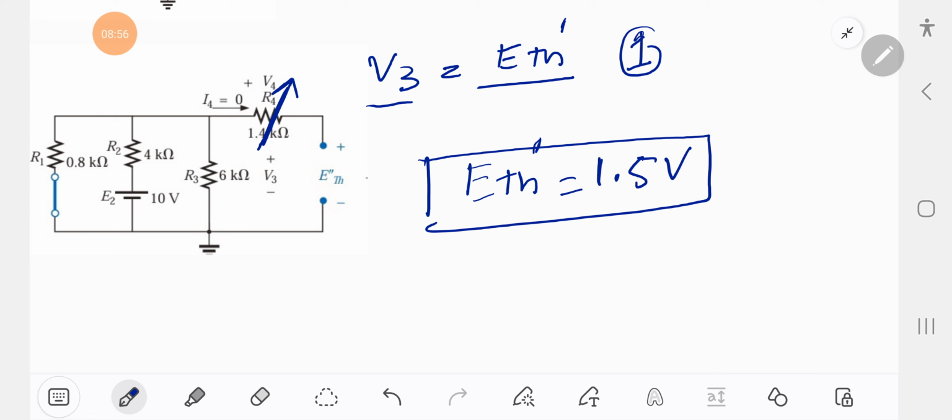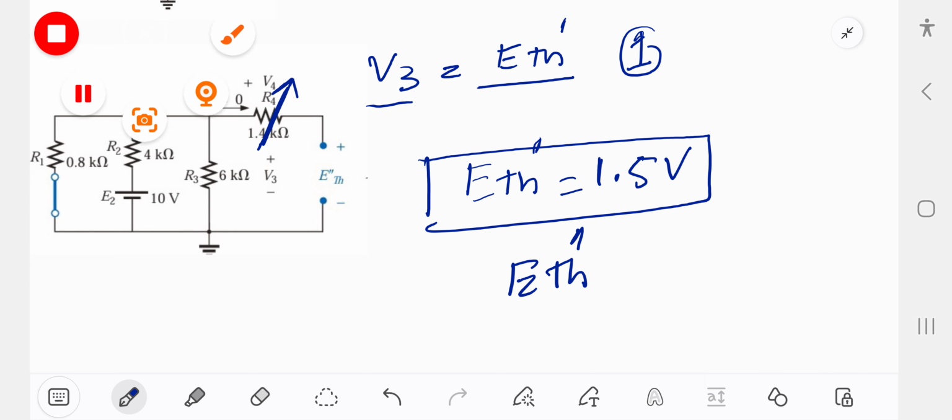Now we will eliminate E2 and return E1. So in the second case, for finding ETH double dash, we will return the other voltage source.